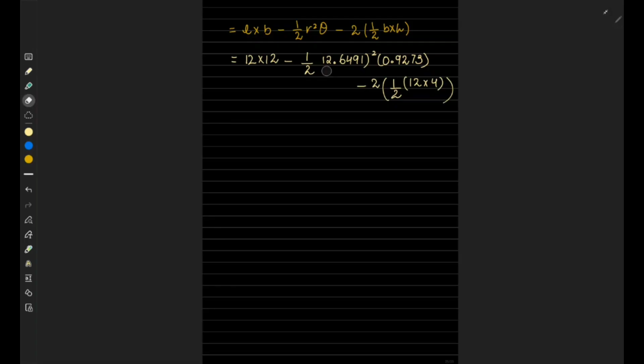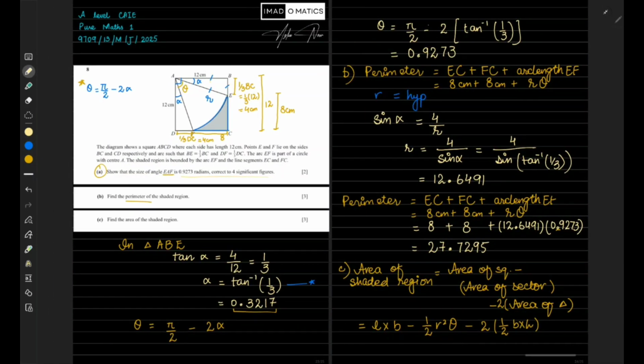Okay, so now just solve it directly with the calculator and you will get your final answer to be 21.8161. So yeah, this is all of your working for your question number 8.